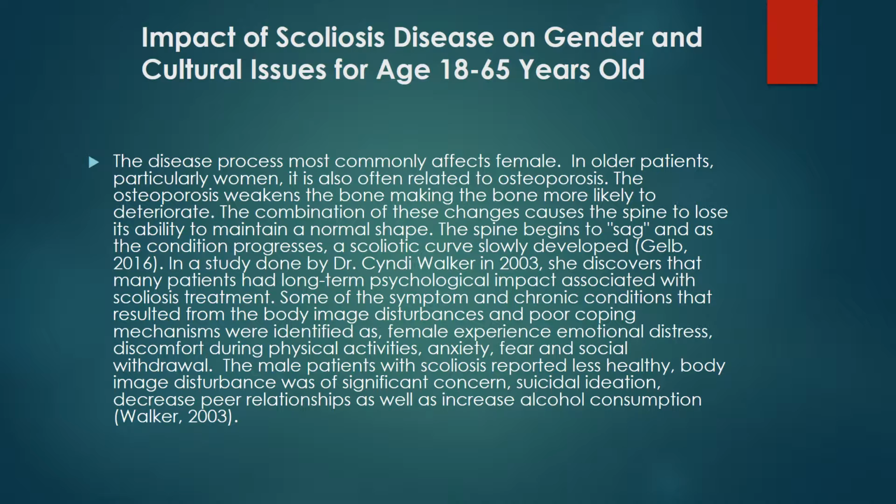Osteoporosis weakens the bone, making the bone more likely to deteriorate. Combination of these changes causes the spine to lose its ability to maintain a normal spine. The spine begins to sag as the condition progresses, and a scoliotic curve slowly develops.